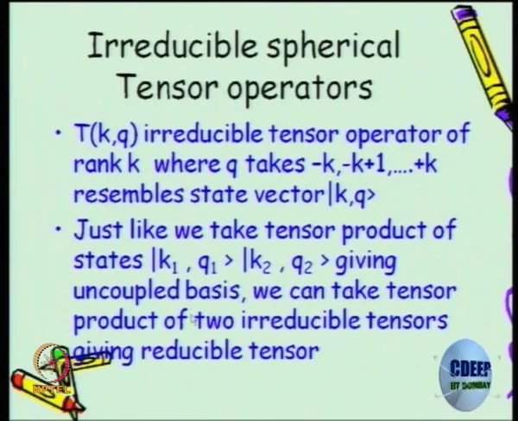So then we have to look at this. You did the CG coefficients by taking two spin half particles, or two particles with angular momentum J1 and J2. Why can't I compose two tensors and see what happens? Right? This is what you will ask. Suppose I have a tensor, I take another tensor. If I combine these two tensors, that is like an uncoupled state, which is what we call a reducible tensor.